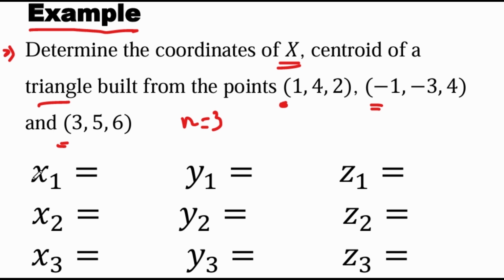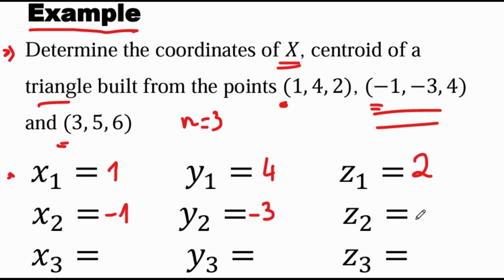As you can see, x1 equals 1, y1 equals 4, and z1 equals 2. Then, from this point, x2 equals minus 1, y2 equals minus 3, and z2 equals 4.